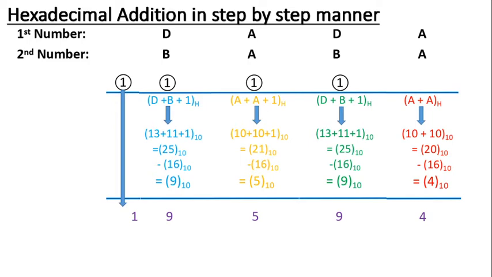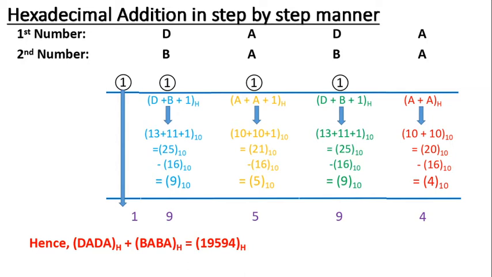And then we write the corresponding sum: DA hexadecimal plus BA hexadecimal is equal to 19594 hexadecimal. So this is our first example of hexadecimal addition.